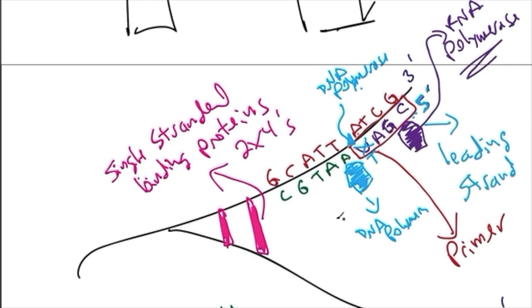Then we have another problem. We have some nice hydrogen bonds going on right here. Looking really cool. But what we don't have, let me make sure it's in this book before I say it. No, everything's perfect actually. So that's how you take care of the leading strand.